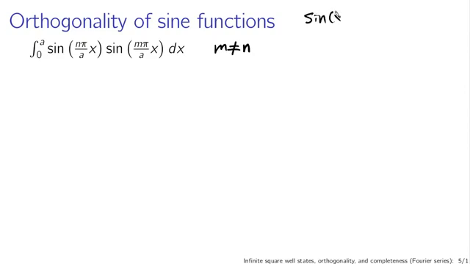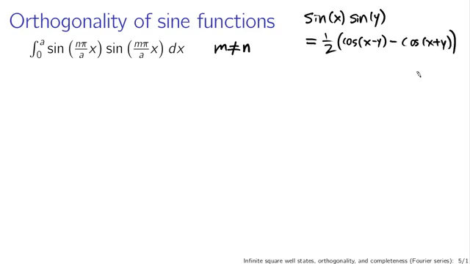But sine of x times sine of y, this is a product identity for sine, is equal to 1/2 of cosine of x minus y minus the cosine of x plus y. If you apply this identity to this product, what you end up with is a half out front, the integral from 0 to a, as before, and now we have two cosine terms.